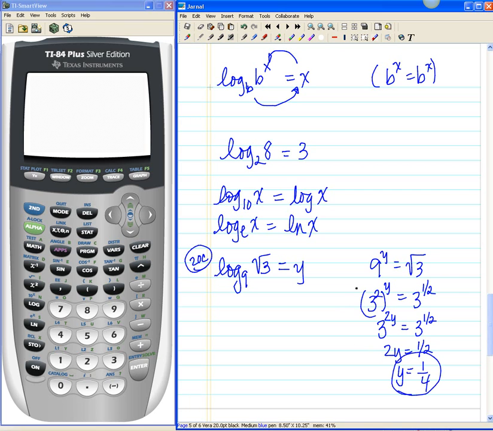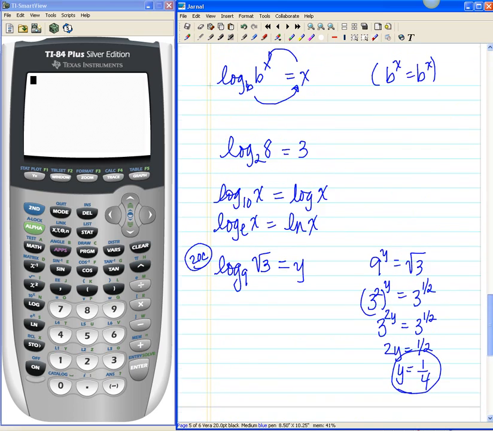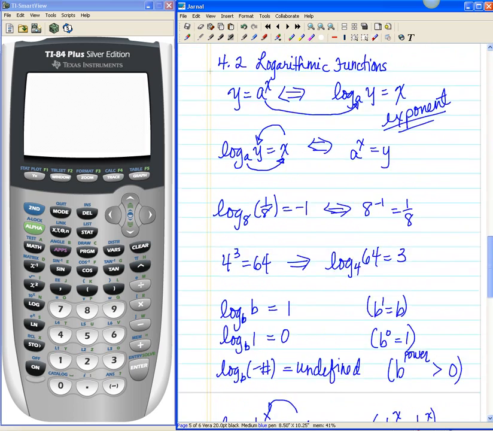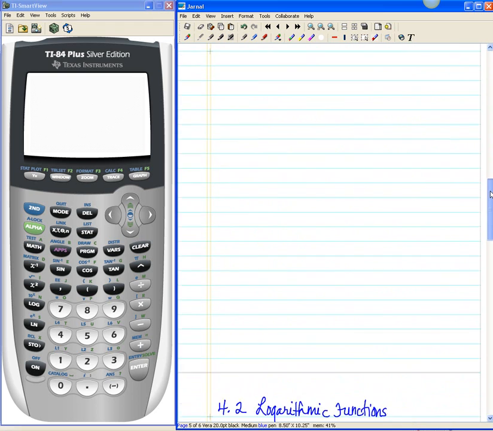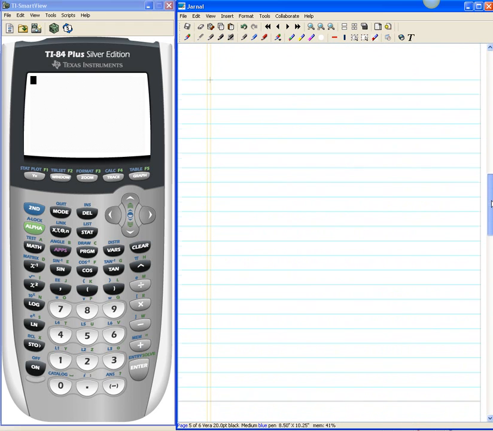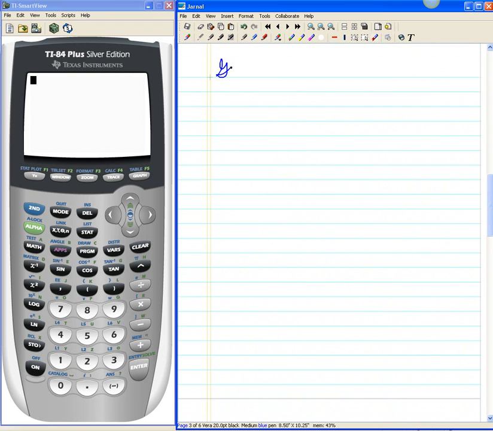Okay. Now the graph of the log function, let me come back up here where I had a blank page. The graph of the log function is not symmetric with respect to the y-axis, but with respect to the line y equals x. It is the inverse of the exponential, and so the x and y change roles.